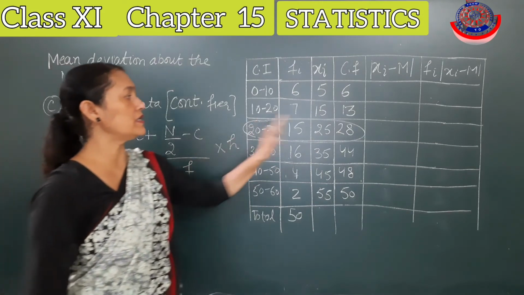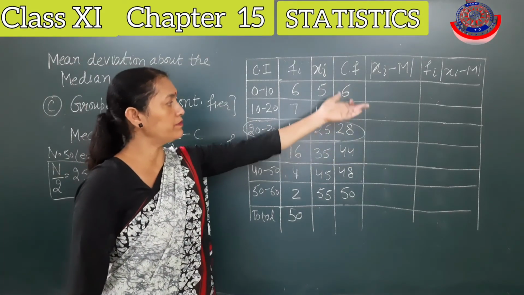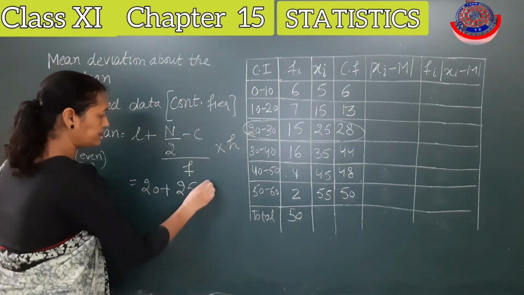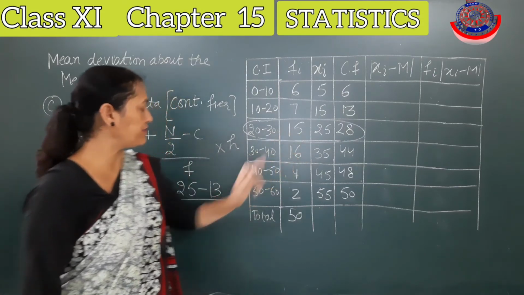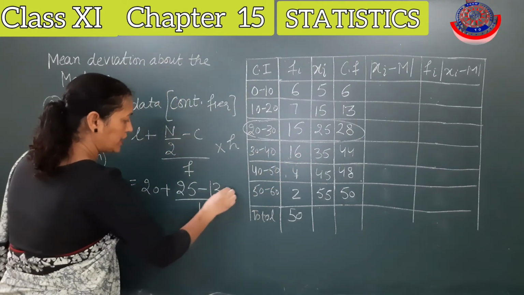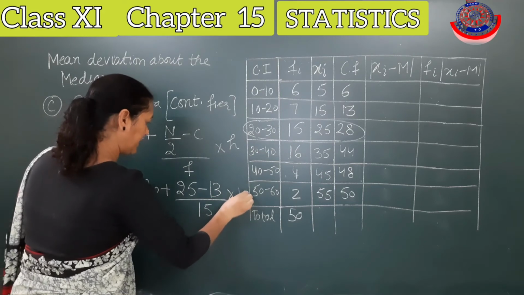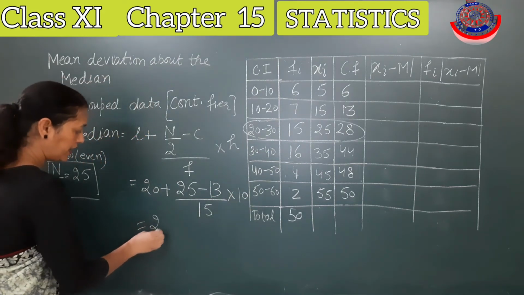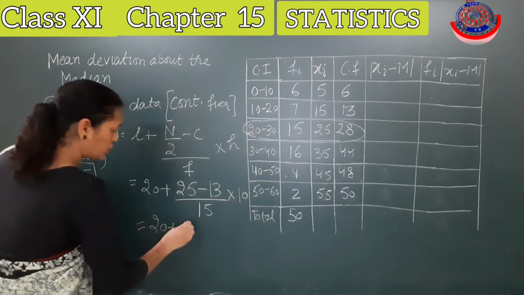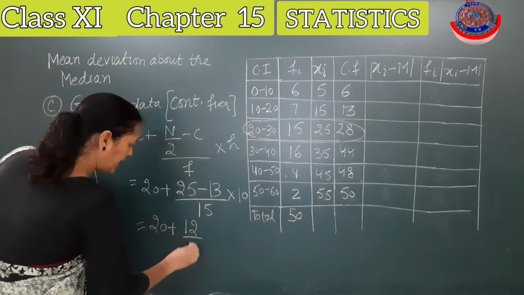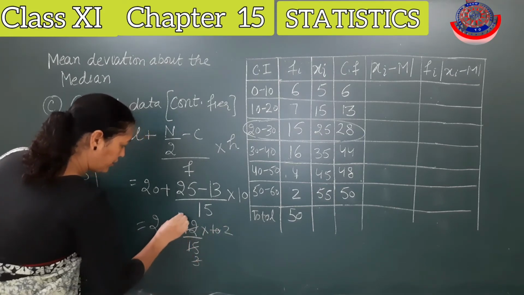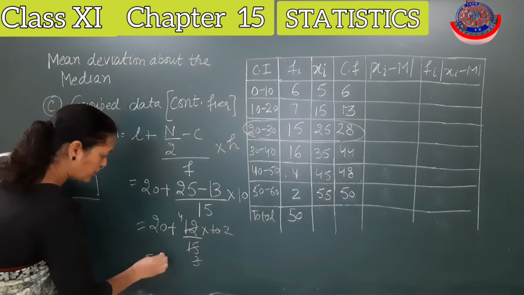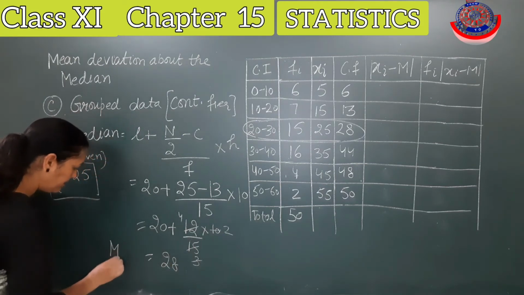C, we know C means cumulative frequency of one previous group, that is 13, upon f, frequency of this particular class interval, 15 into h. h is class width, that is 10. So 20 plus 12 upon 15 into 10, which is 28. So we have obtained median as 28.